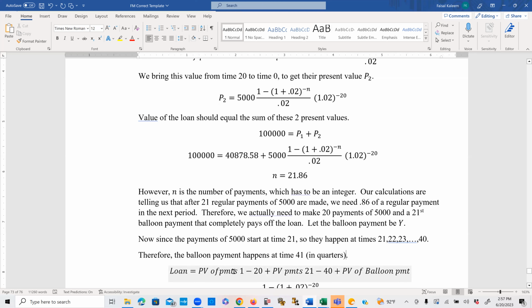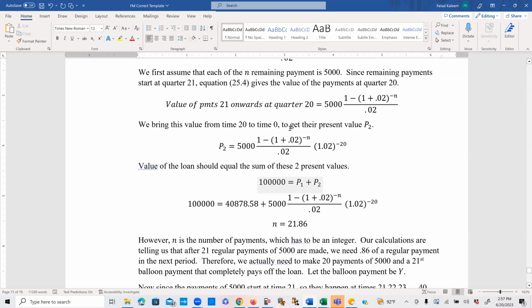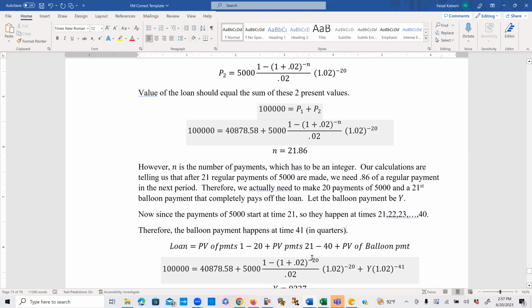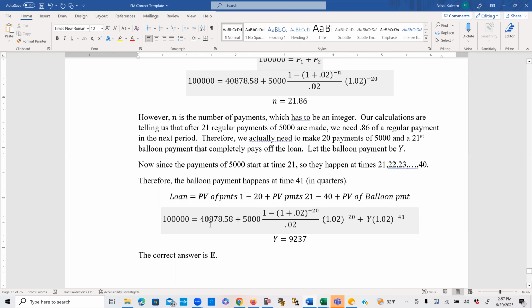So the loan is the present value of payments 1 through 20, which were the initial payments of 2,500, plus the present value of payments 21 through 40, which were the regular 5,000 payments, plus the present value of the balloon payment. So 100,000 was the loan. Present value of the first series of payments was 40,878.58.